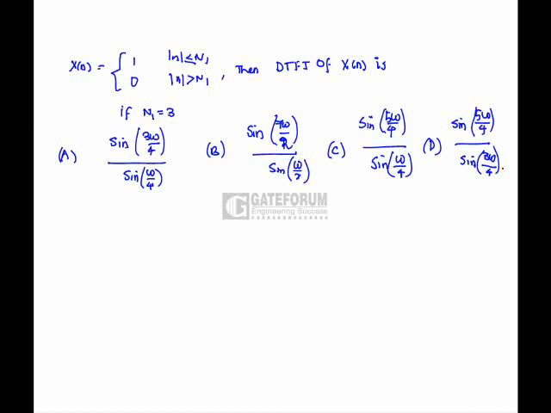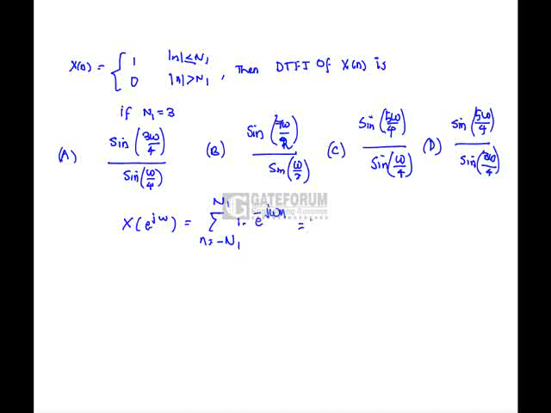If x of n equals 1 for mod n less than or equal to n1 and 0 for mod n greater than n1, then the DTFT of x of n is written as the sum from minus n1 to n1 of e power minus j omega n.